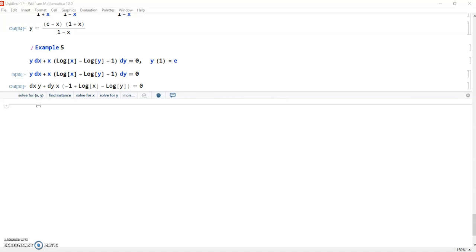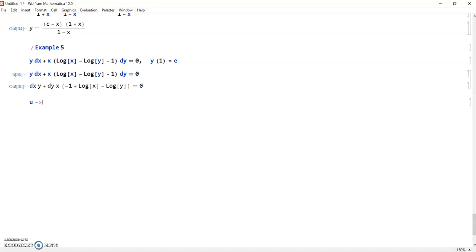So I can type it over here, u equal y over x. Okay, so here you can see this arrow sign is a combination of two keystrokes.